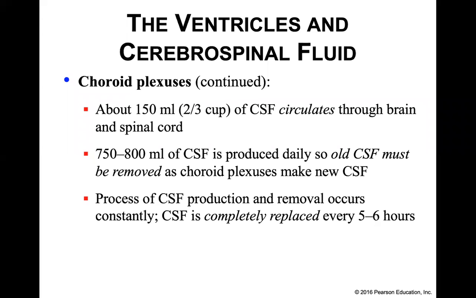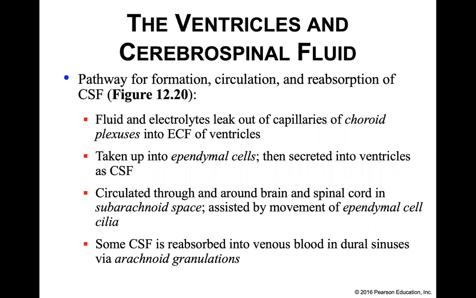The process of CSF production and removal occurs constantly. CSF is completely replaced about every 5 to 6 hours. Pathway for formation, circulation, and reabsorption of CSF: fluid and electrolytes leak out of the capillaries of the choroid plexus into the extracellular fluid of the ventricles. This is taken up into the epidermal cells and then secreted into the ventricles as CSF.